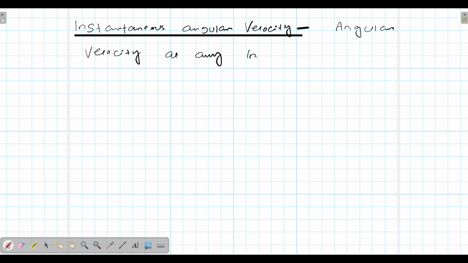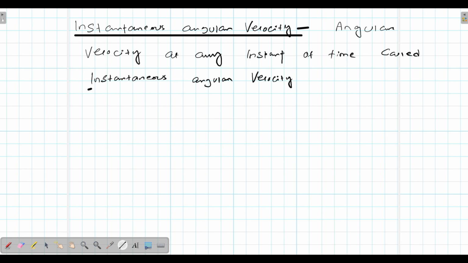That is called instantaneous angular velocity.